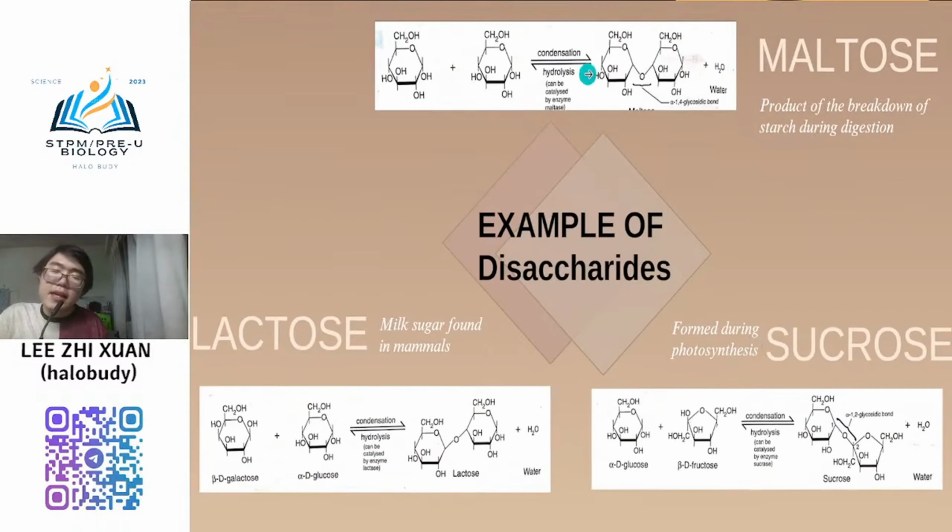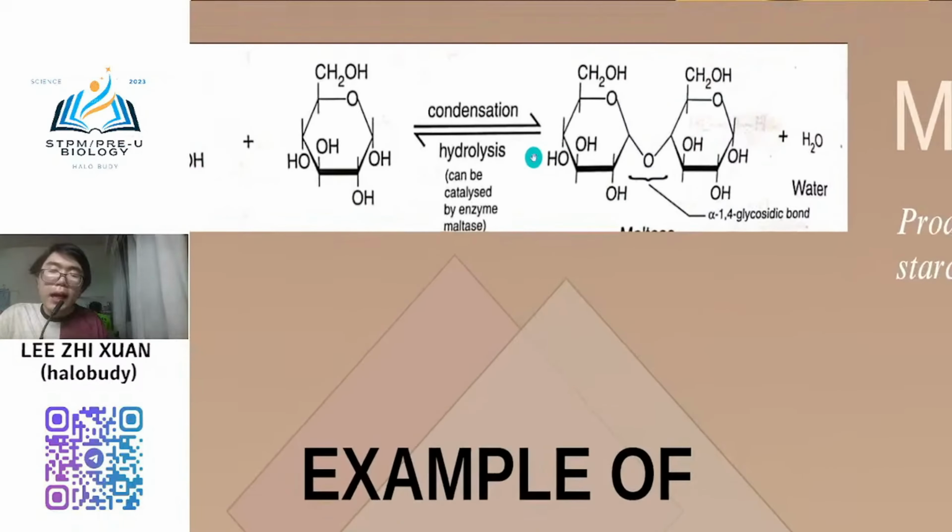If you see maltose, carbon number 1 of one glucose, which contains the aldehyde group, is already responsible for the formation of the bond, but the other one is not. The aldehyde group still remains here.